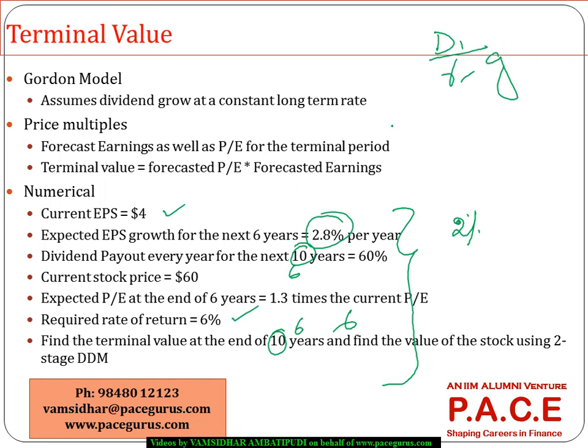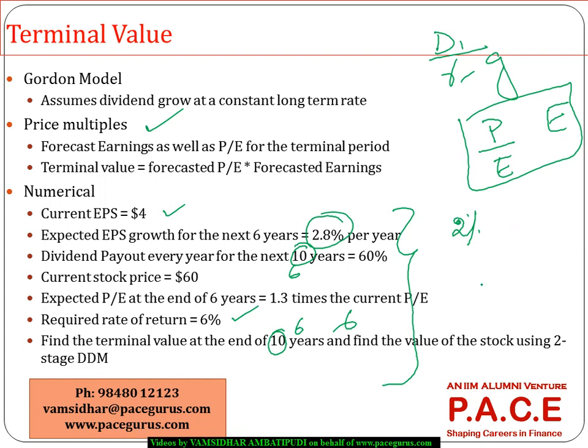Sometimes people also depend on the price multiple. They project what the P by E ratio will be at that particular point in time, and what the earnings per share would be at that point in time. Multiply these two to arrive at the terminal value at that point in time.